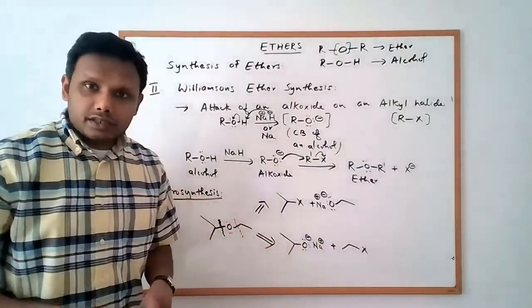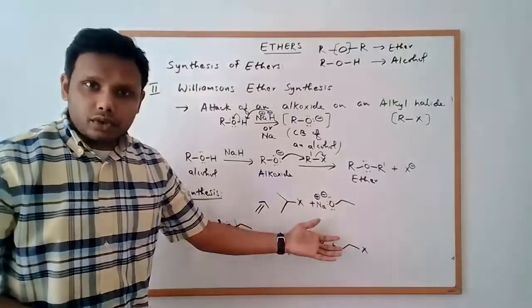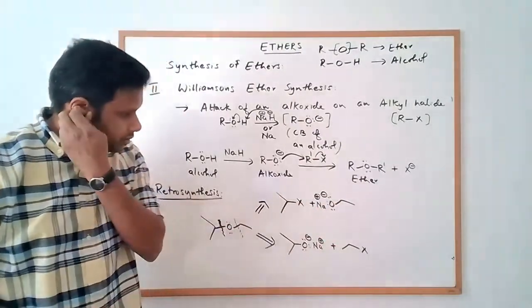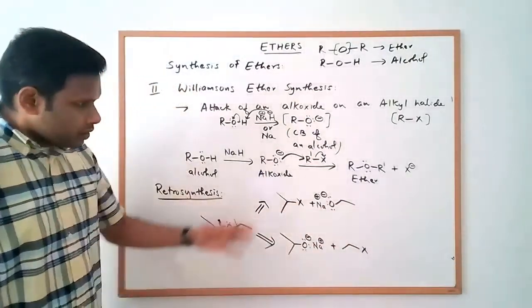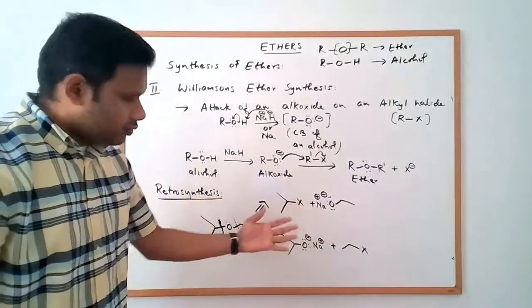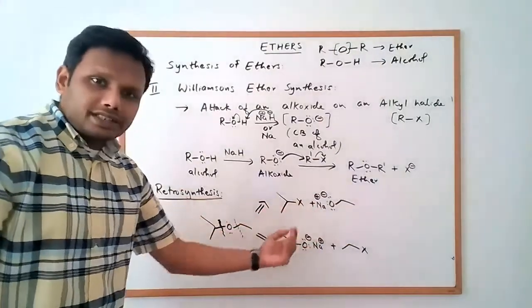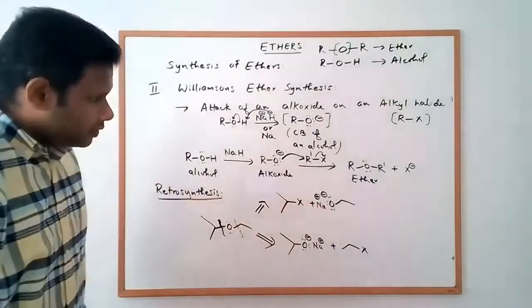Again, this is an SN2, so we will not use fluorides, alkyl fluorides. They do not participate in SN2 reactions, okay? But the chlorides, bromides, iodides, they are all fine. So we sort of derive two possibilities for an SN2 reaction here, okay? Now we can analyze both of these.